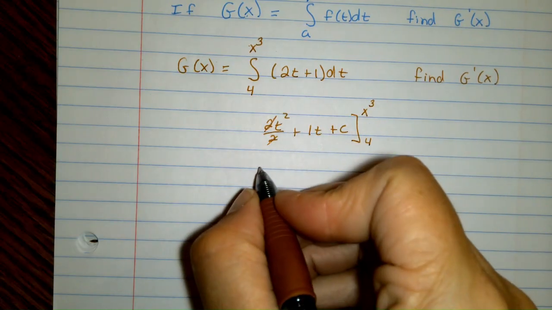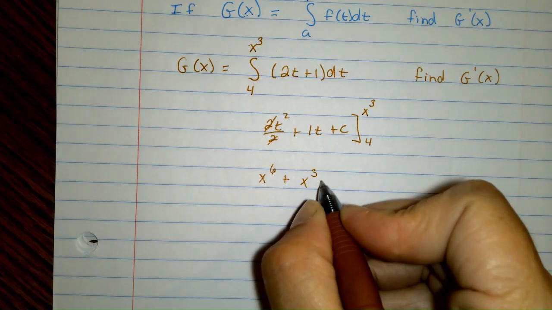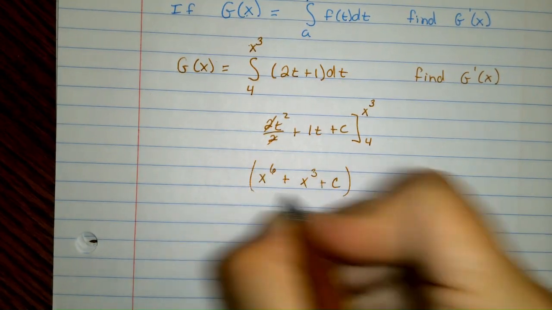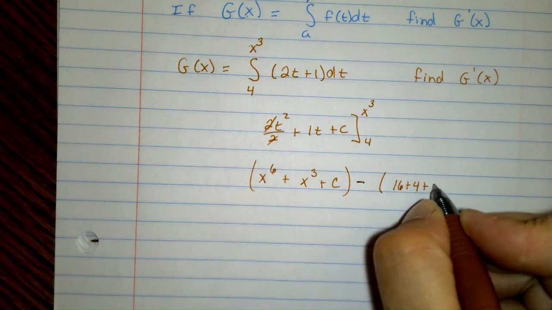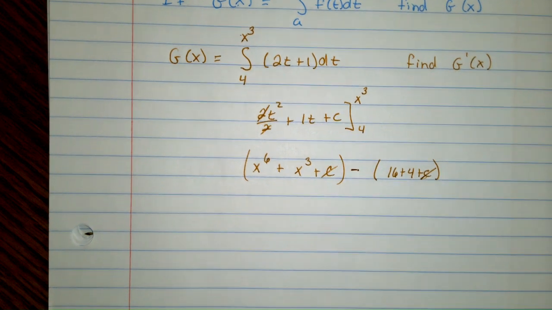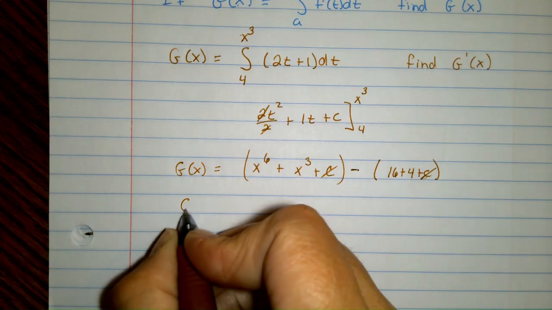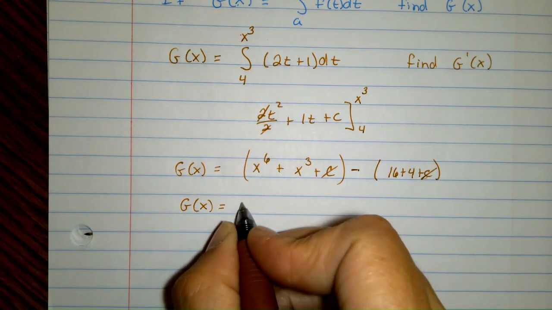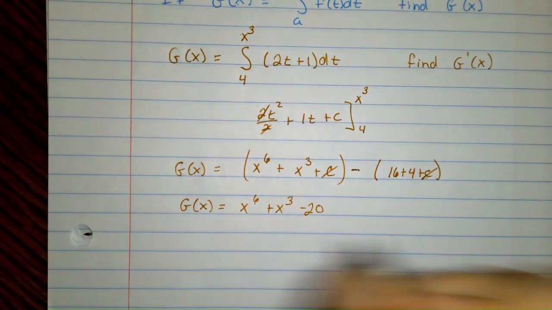So now I've got to put in x cubed, so that would give me x to the 6 plus x cubed plus c minus 16 plus 4 plus c. So again, the c's will cancel. So g of x equals x to the 6 plus x cubed minus 20.